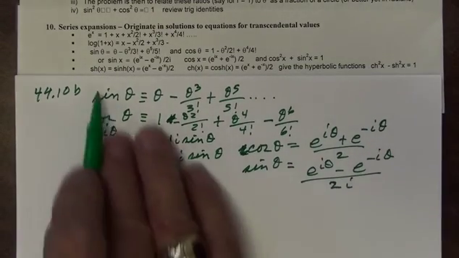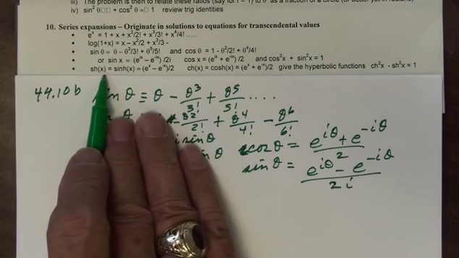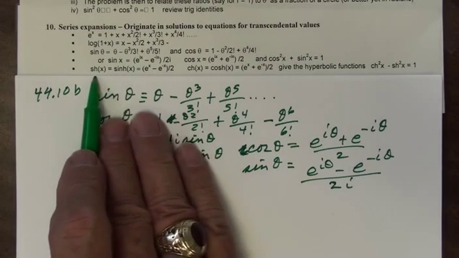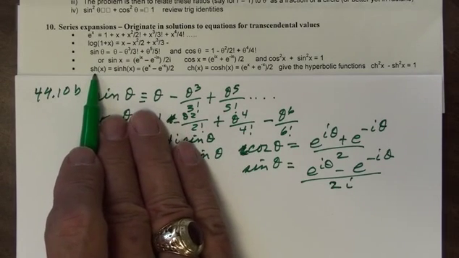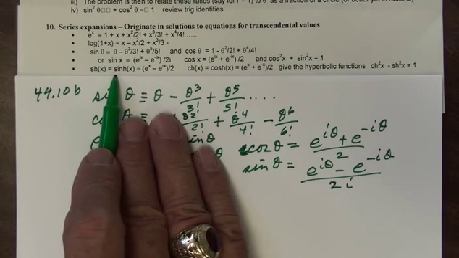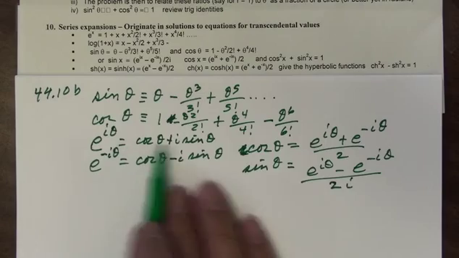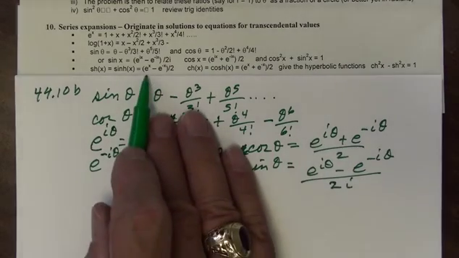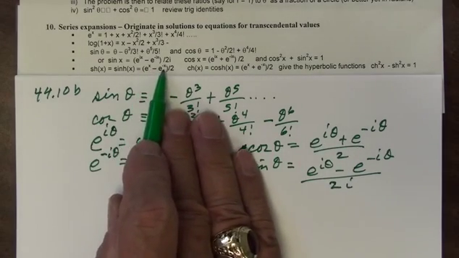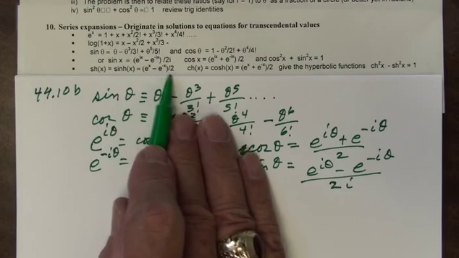The hyperbolic functions are somewhat similar. The hyperbolic sine, which we abbreviate in the sciences as sh, is in math often written out as sinh. And rather than using imaginary numbers, it uses e to the x minus e to the minus x.